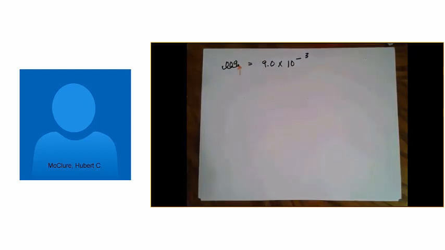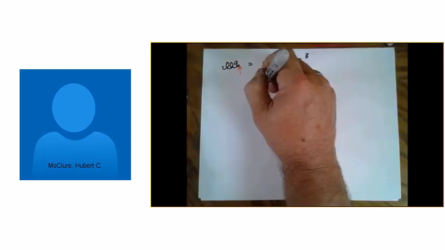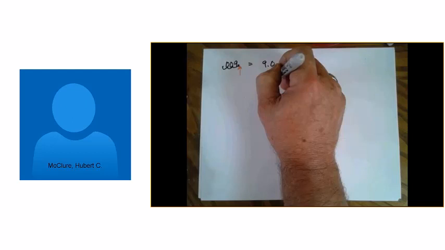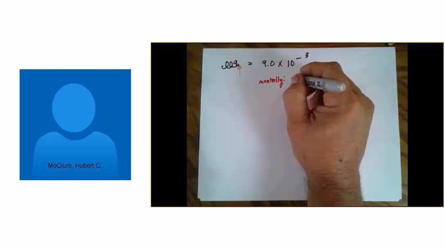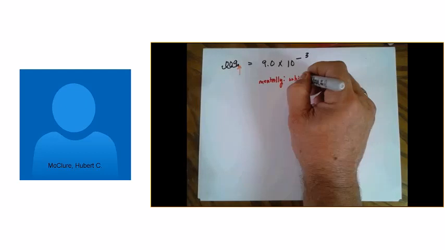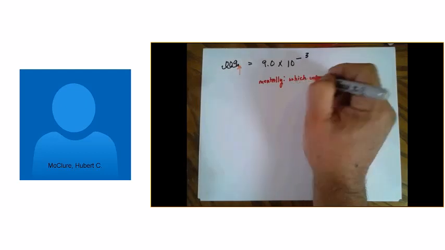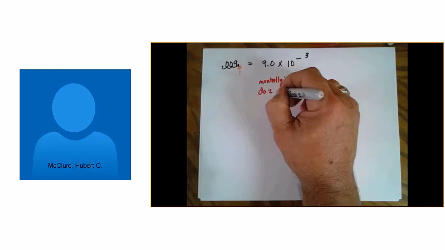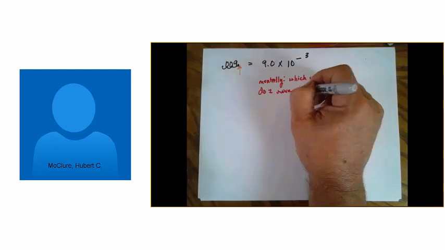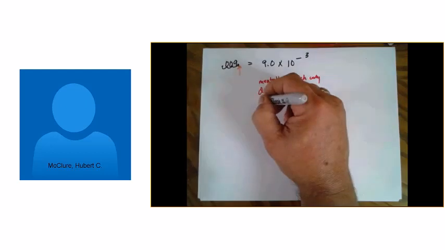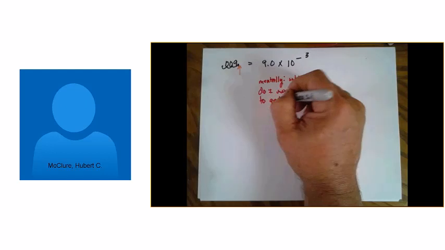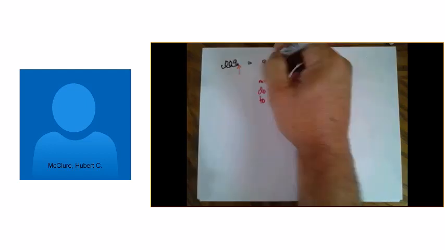Now I'm going to ask myself, and I'm going to put this in red because you need to do it mentally. I'm going to do this on all of them. Ask yourself this question: which way do I move this decimal in my head mentally to get the original?